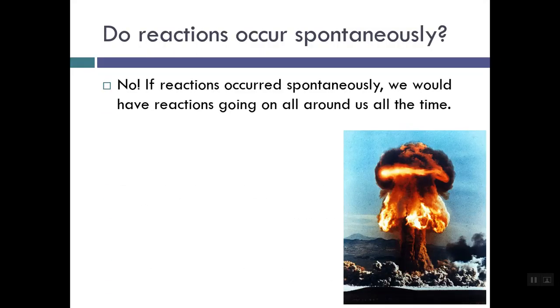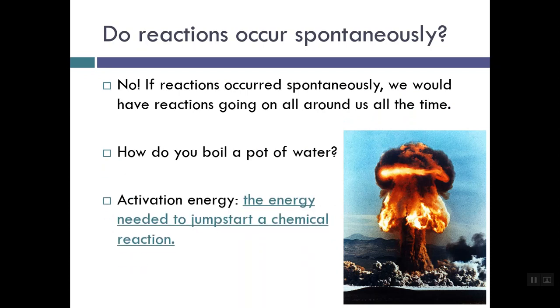So does this happen spontaneously? No. Remember, what you saw was there had to be an activation energy. We have to make things happen. Otherwise, reactions would be happening all the time. If you're going to boil a pot of water, you don't just let it sit there. You have to add heat. You have to add energy. The activation energy is the energy needed to jumpstart a chemical reaction.